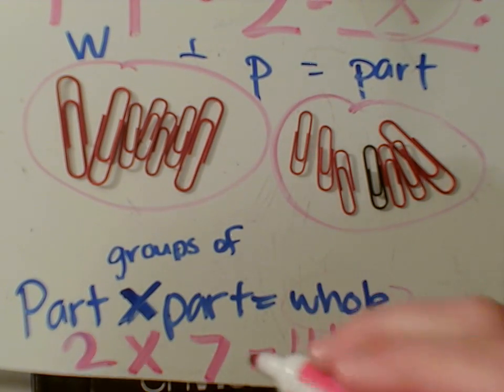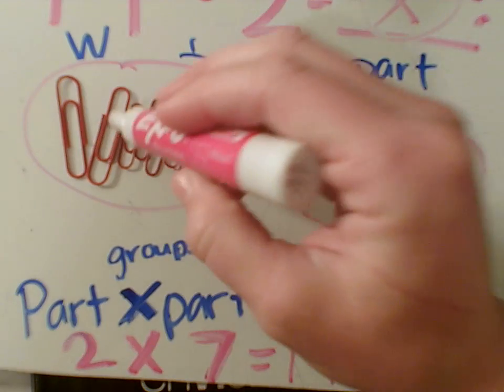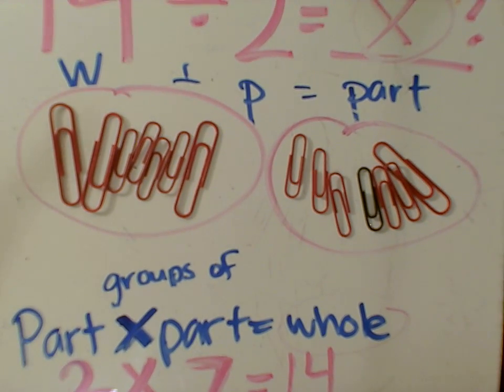And how many are in each group? 7. 1, 2, 3, 4, 5, 6, 7. Wow. So just like our relationship between addition and subtraction, it's very similar to the relationship between dividing and multiplying.